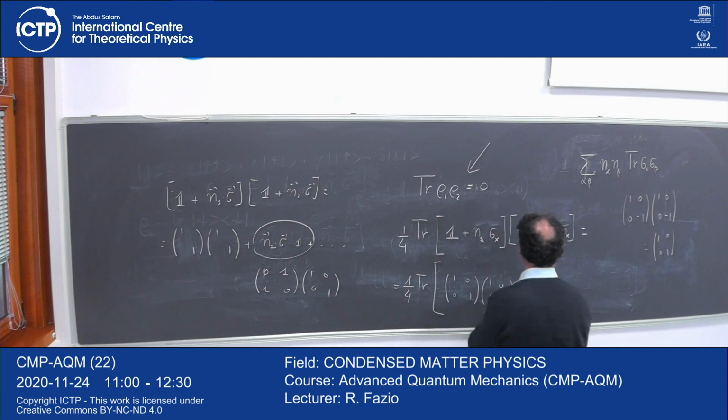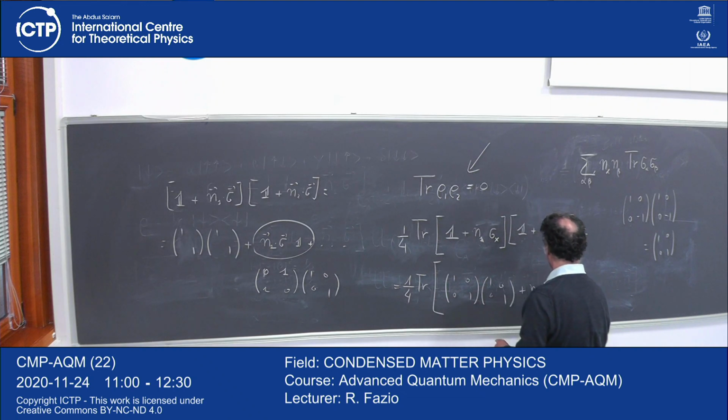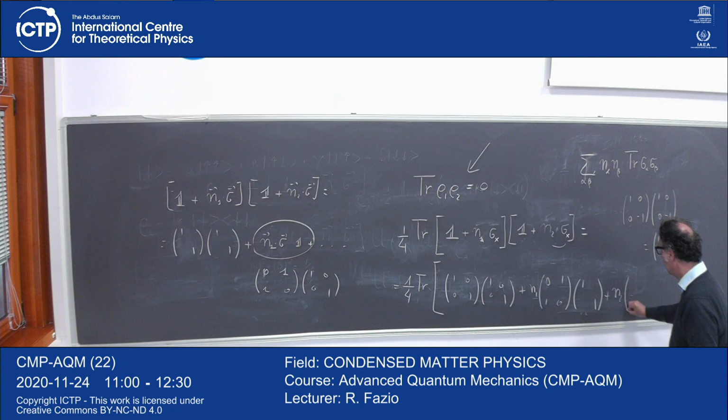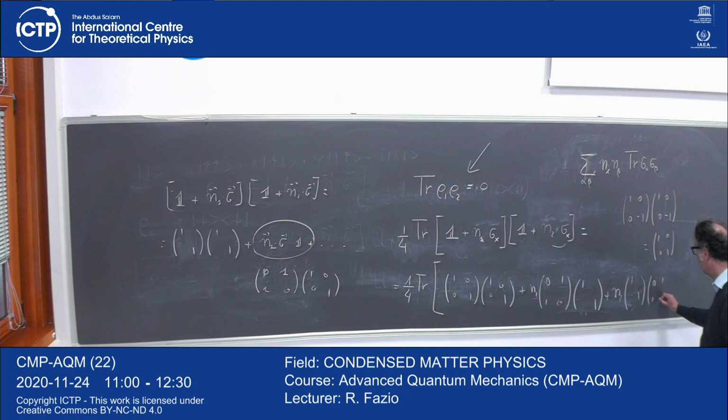Then I get plus n1 (0 1; 1 0) times the identity, plus n2 the same times the sigma, plus I get n1 n2 and then (0 1; 1 0). Sorry, do you still see it or not? Yes, I can see. (0 1; 1 0), okay?